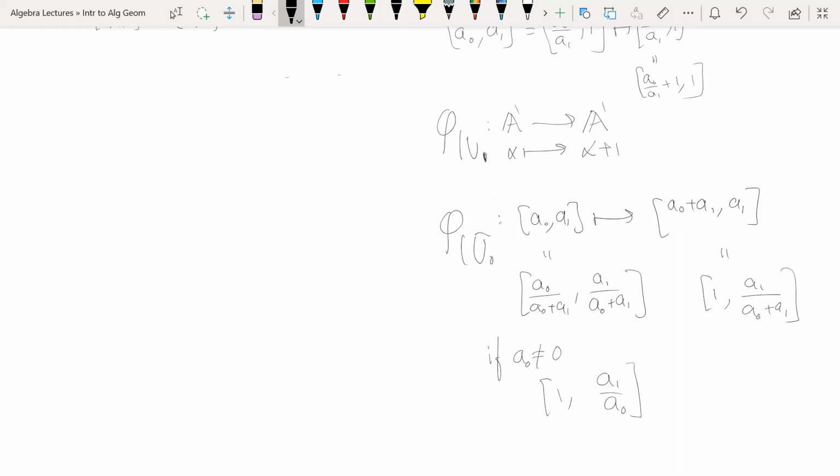And so one has to do various cases. So in that case, this map phi is given by this.